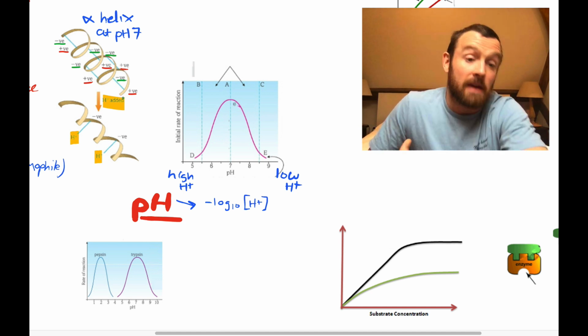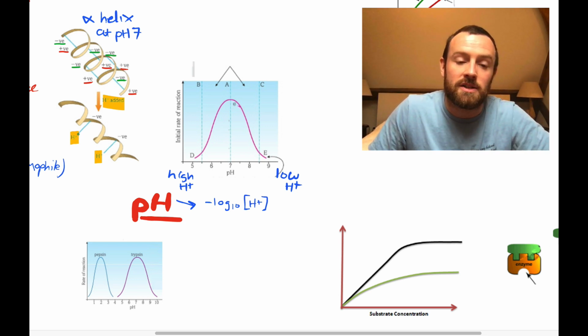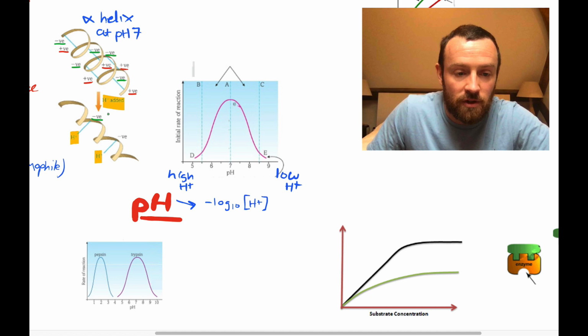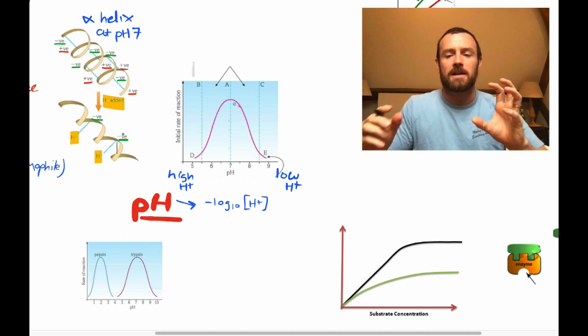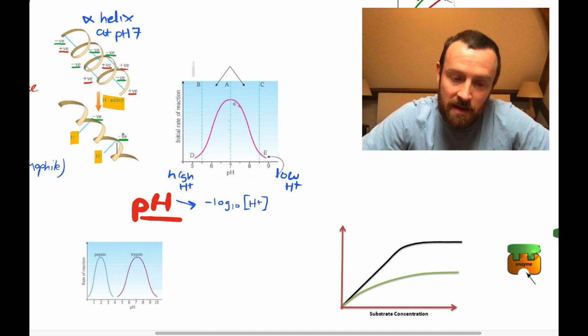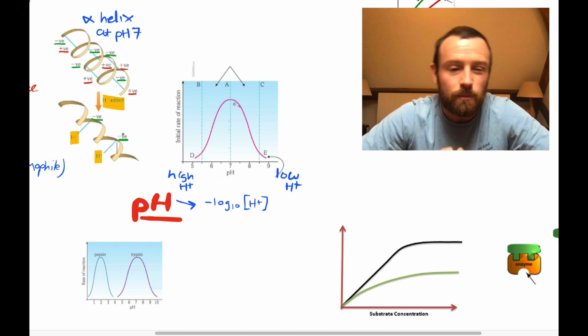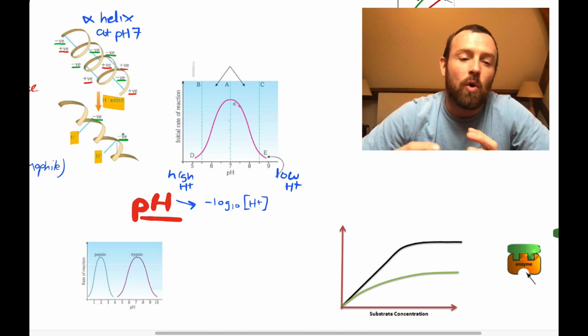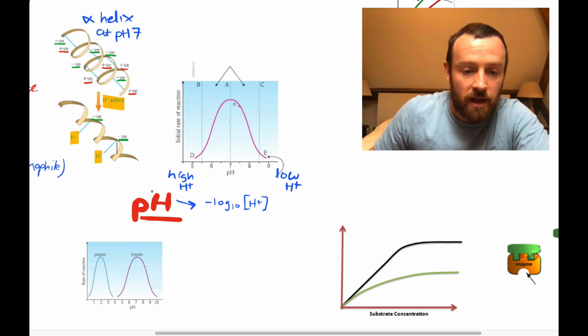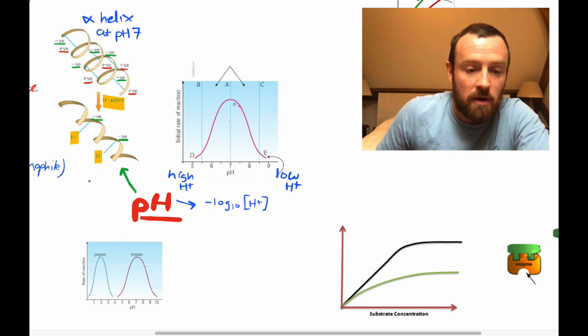What happens if lots and lots of hydrogen ions are added is that those hydrogen ions start to interact with the negatives on the chain, replacing the interactions that are holding the alpha helix together. That can cause the 3D structure of the protein to change, just like with temperature. So that's one thing: it can disrupt hydrogen bonds.